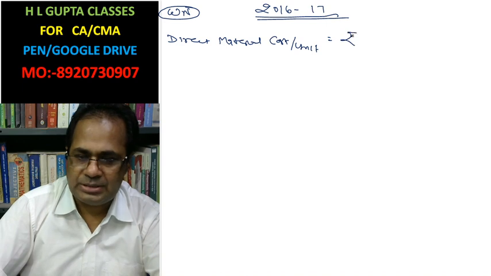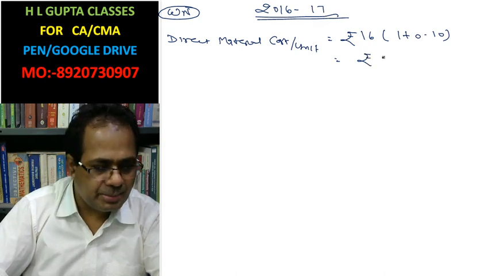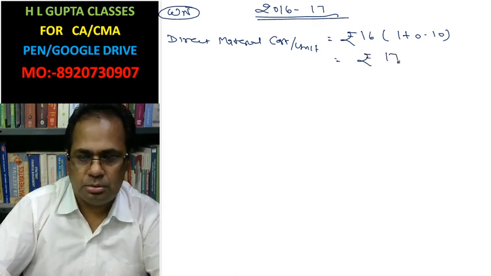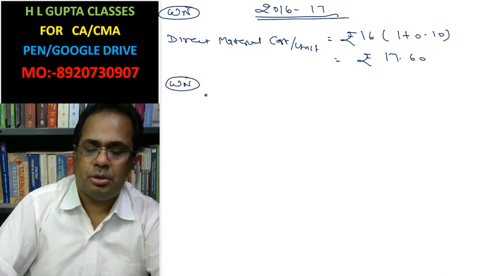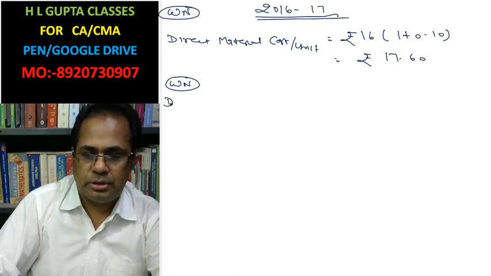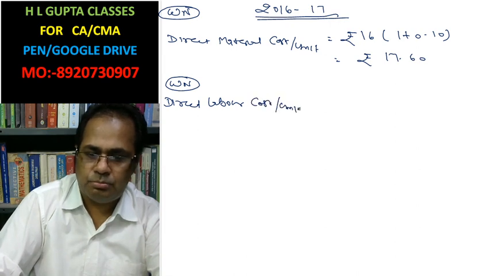This is rupees 16. It is increased by 10%, so it is rupees 17.60. In working note second, direct labor cost per unit.